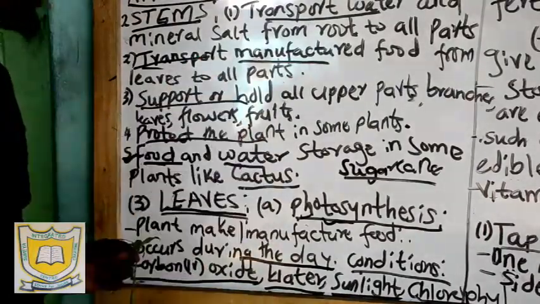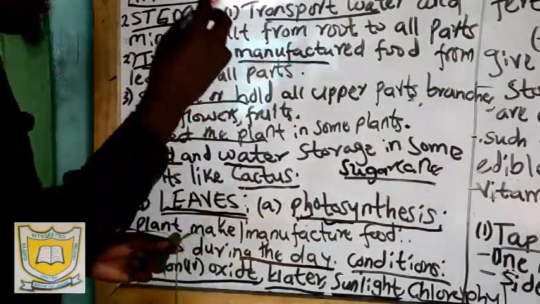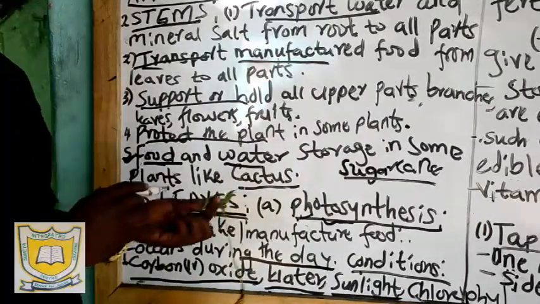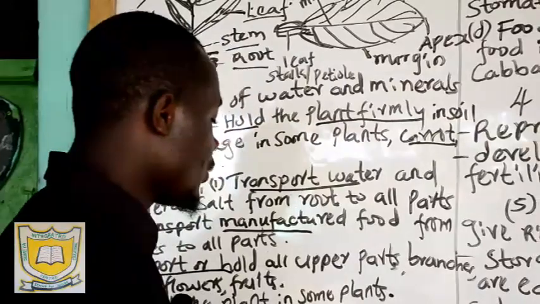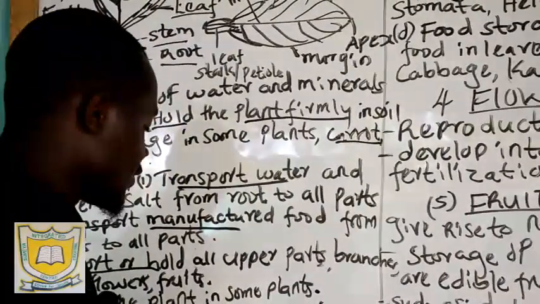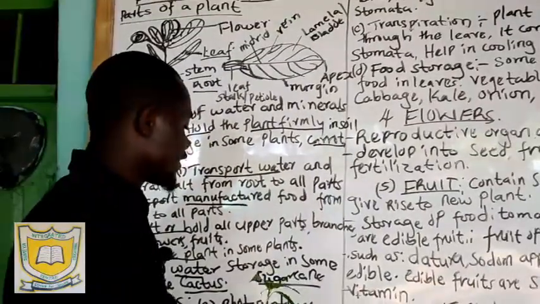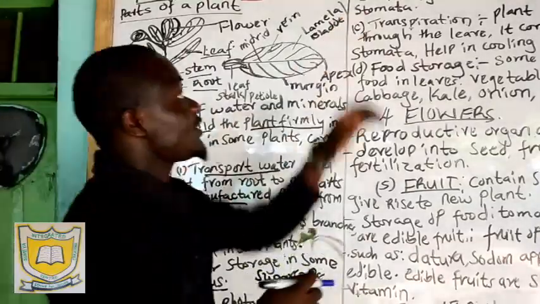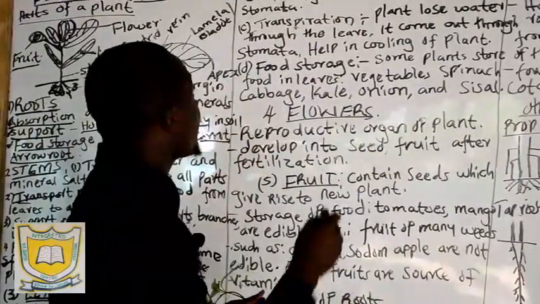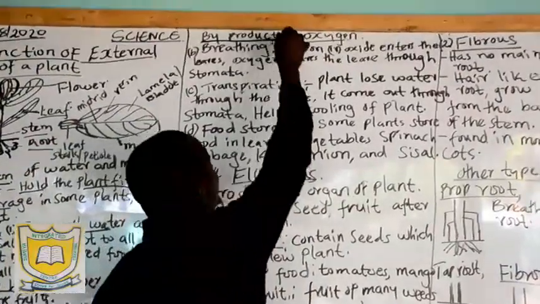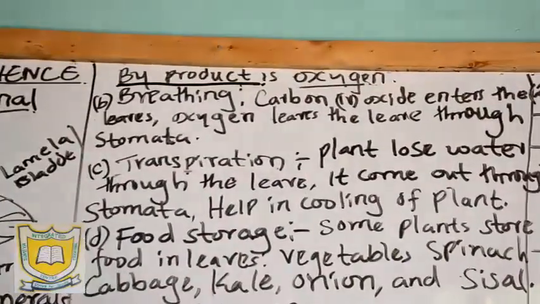During the day we have sunlight, chlorophyll, water, and carbon dioxide, hence we have photosynthesis. So if asked in an exam which one of the following is not part of the conditions necessary for photosynthesis, you should understand those conditions.